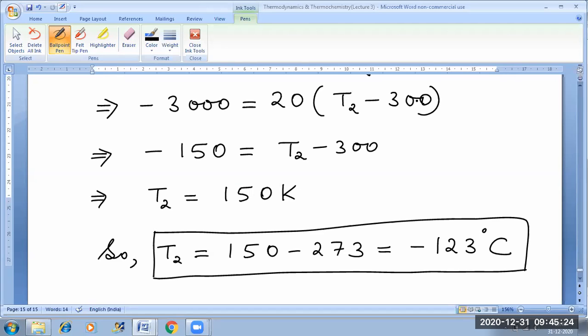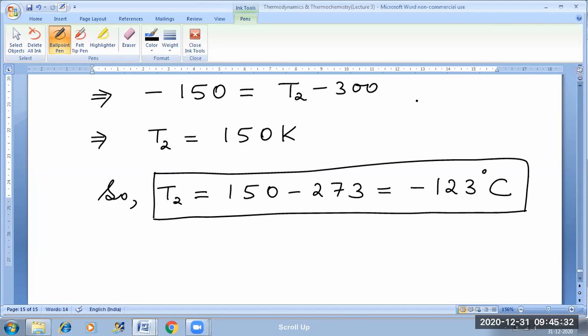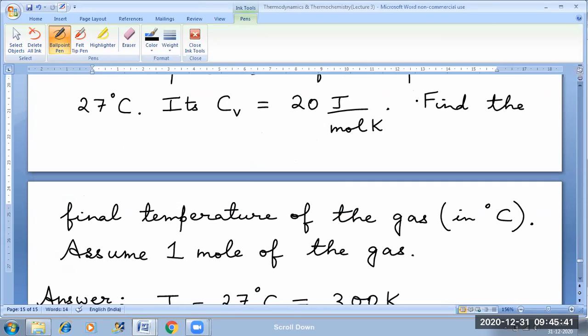Do not forget that. I have converted the temperature to degrees Celsius here because they asked me in the question to report the answer in degrees Celsius. See, they have mentioned what is the final temperature of the gas in degrees Celsius. That is why I converted.